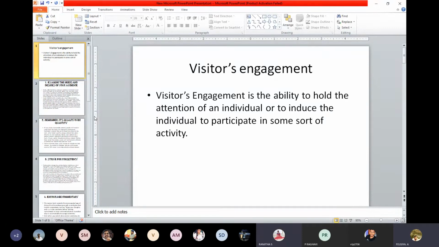Search engine optimization, and how SEO works. Content marketing. Whatever you know, you tell me what we have discussed.